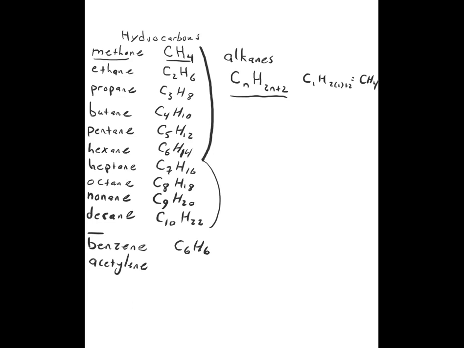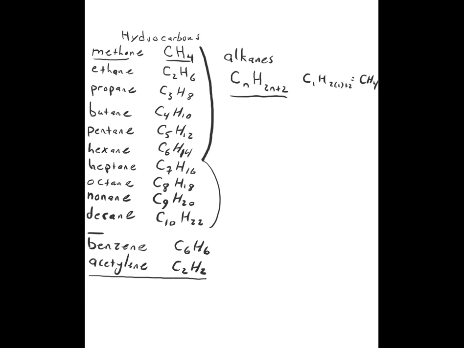Produces very, very hot flame, enough that you can actually melt metals together. Acetylene is C2H2. Okay, so those are examples of hydrocarbons. Technically speaking, a hydrocarbon just has to have carbon and hydrogen. So if you have something that has oxygen or nitrogen as well, in addition to carbon and hydrogen, that could also be considered a hydrocarbon.